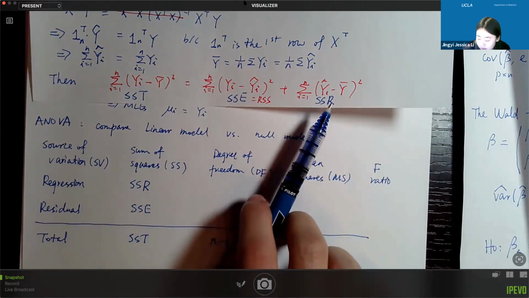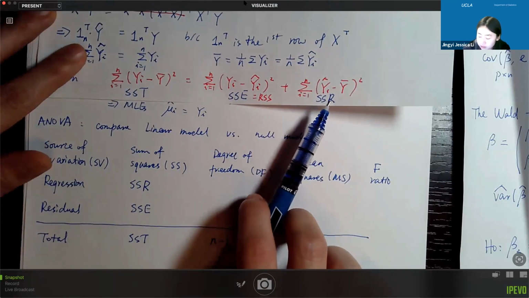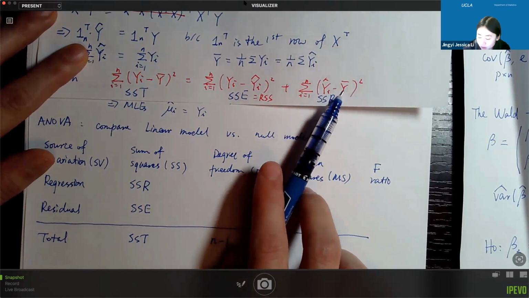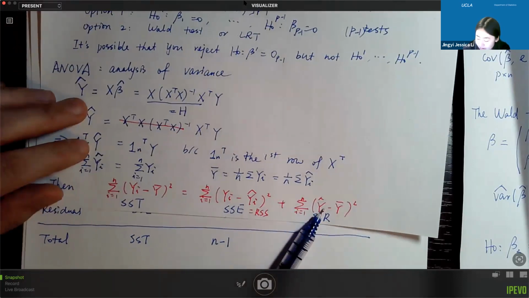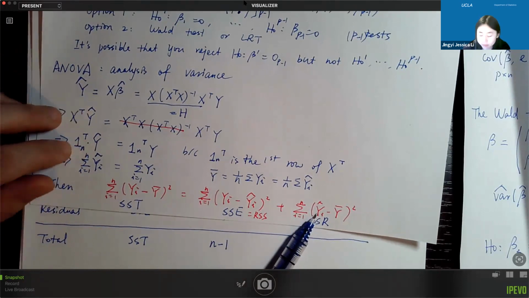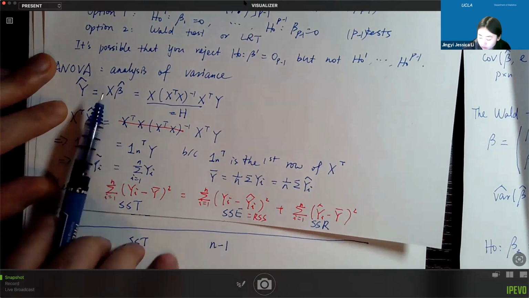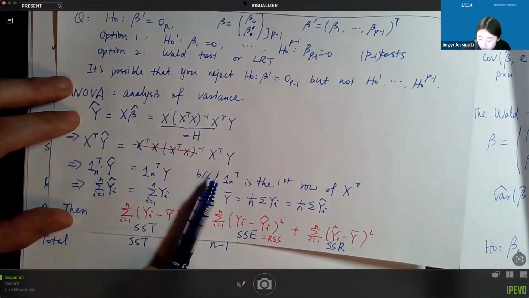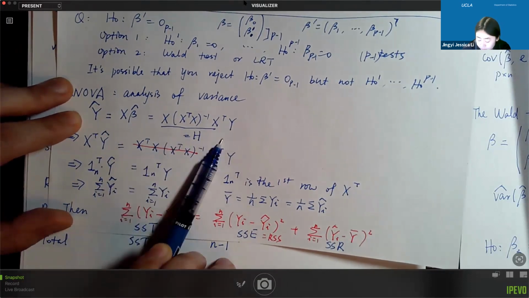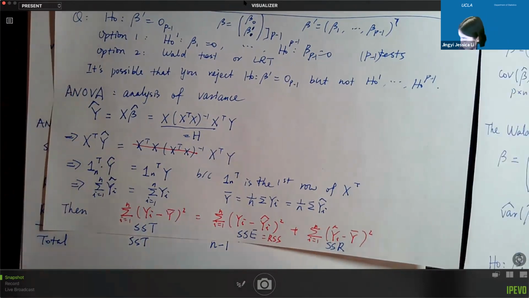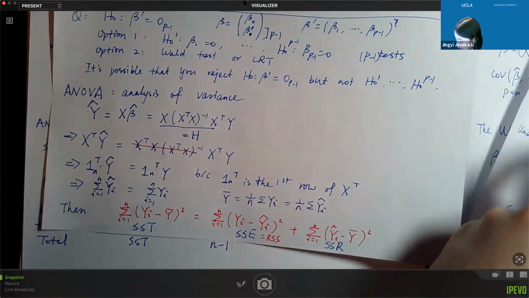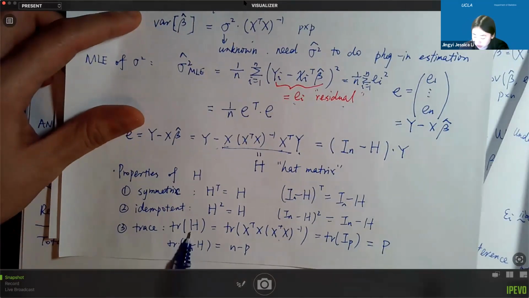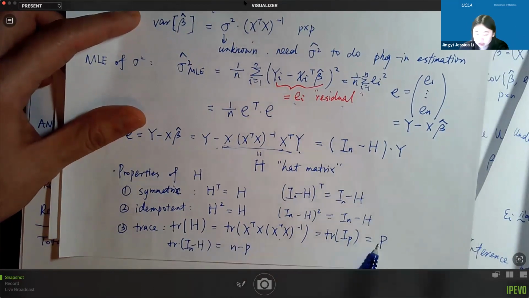Similarly, let's look at SSR. It's about y1 hat to yn hat minus y bar. So it will be related to the degrees of freedom in my y1 hat to yn hat. If you recall, in our regression model, this is something we showed before, regarding the hat matrix H. This is what we did for the property of the hat matrix: the hat matrix has trace p.